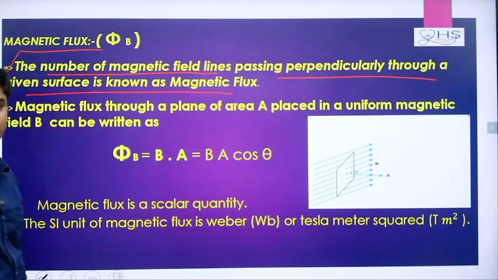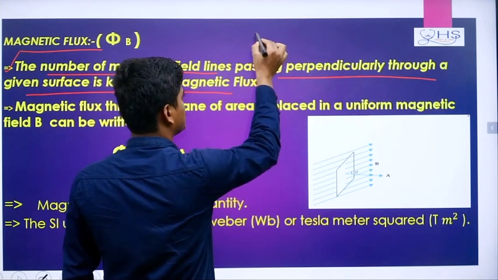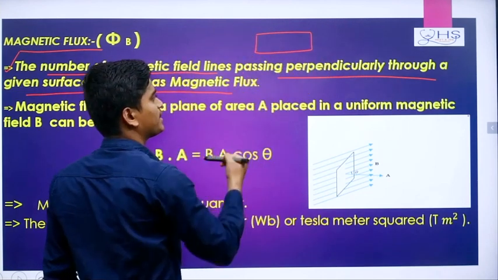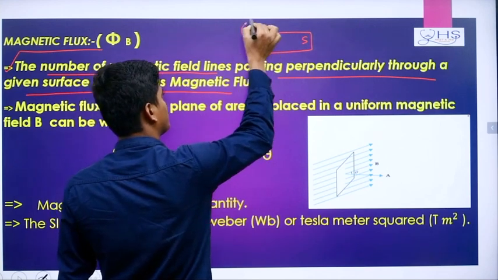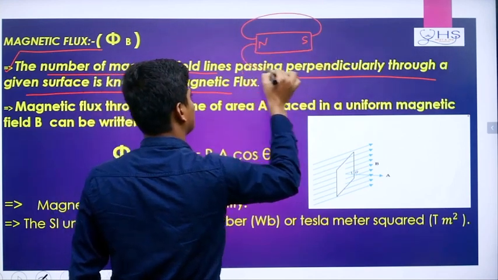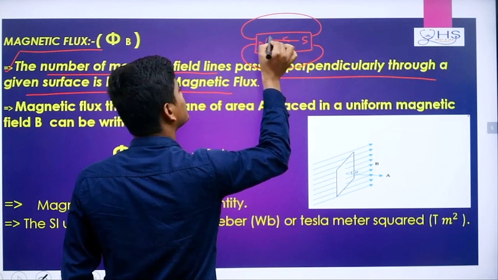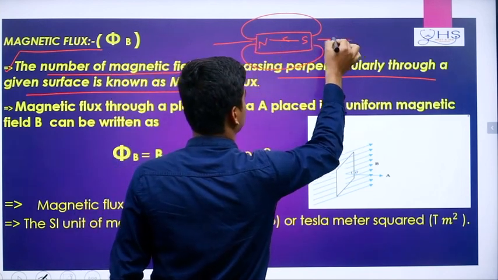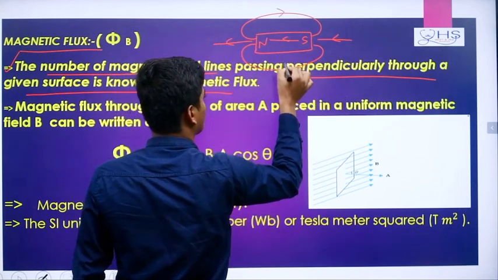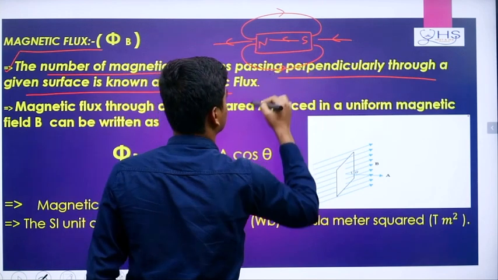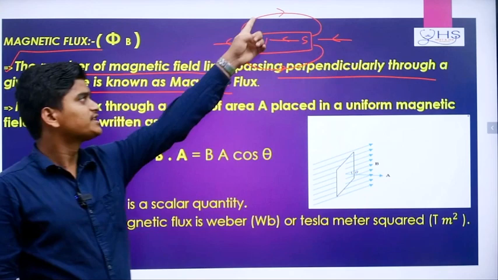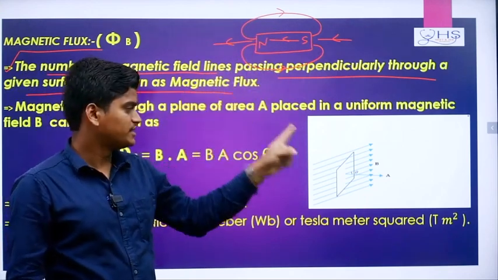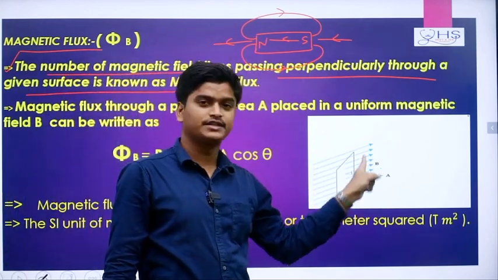If a north-south magnet is there, the field lines go from north towards south outside the magnet, and inside the magnet the field lines are from south to north. These are called magnetic field lines, and a uniform magnetic field is shown here in this picture.